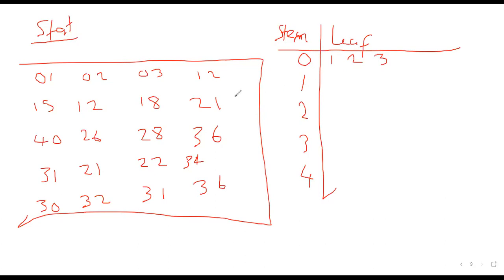For the 1s: 12, another 12, 15, 18. Then 21, another 21, 22, 26, 26, 26, and 28.